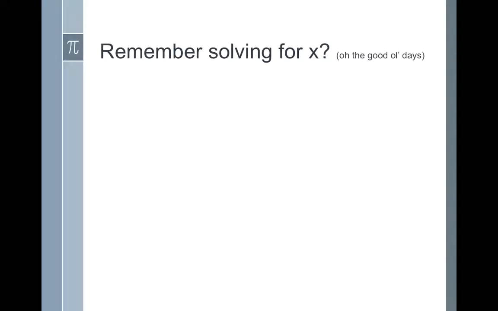So we're going to start off with the good old days. We're solving for x, and we're going to look at this as being x plus the square root of 2 is equal to the negative x, or the opposite of x. And I'm pretty sure every one of you could probably still solve this. If you added x to both sides, you would get 2x plus the square root of 2 is equal to 0.